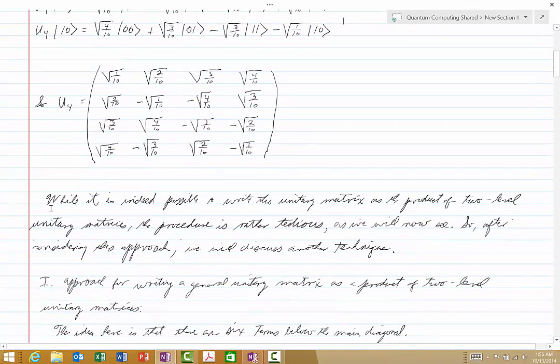Okay. So now I make a comment. While it is indeed possible to write this unitary matrix as the product of two-level unitary matrices, the procedure is rather tedious, as we will now see. So after considering this approach, we will discuss another technique.